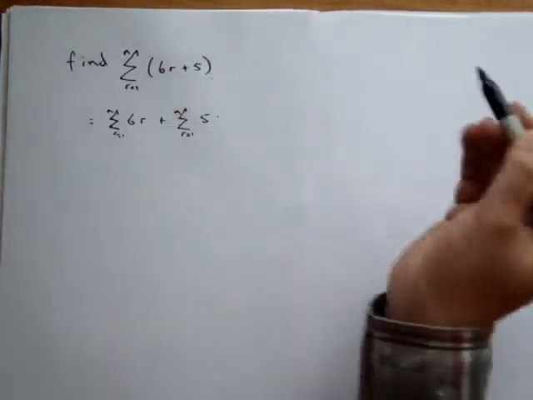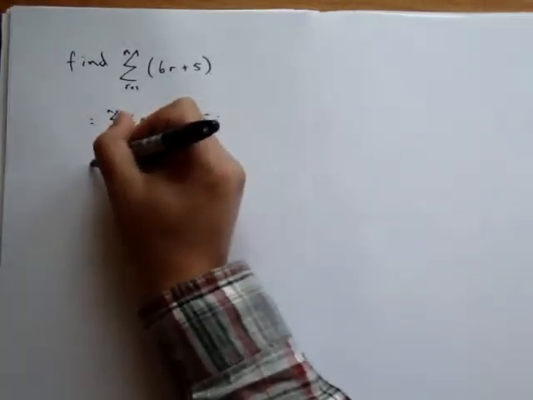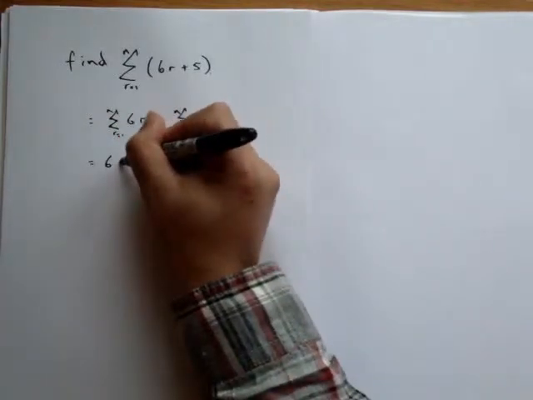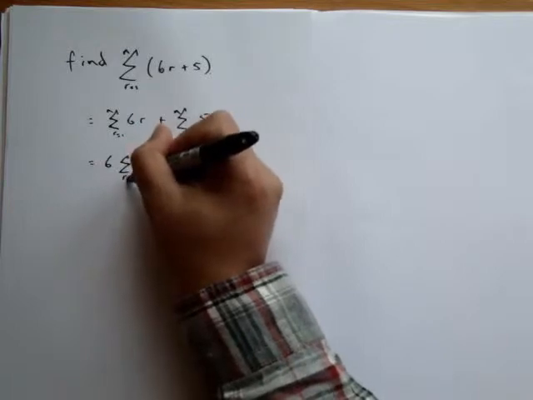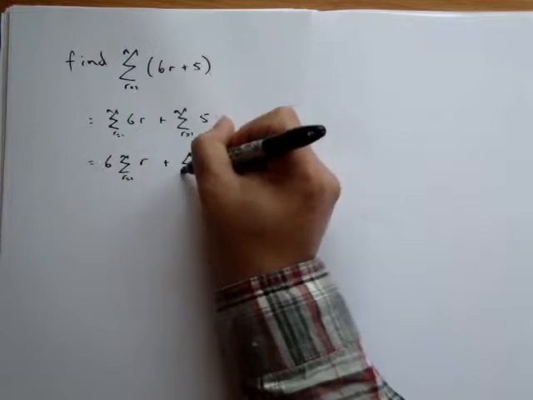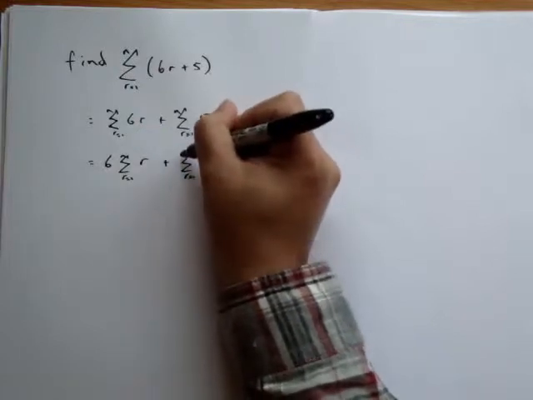Here we've got a constant, so we can take that outside using our rule 1. So this becomes 6 times the sum from r equals 1 to n of r, plus the sum from r equals 1 to n of 5.